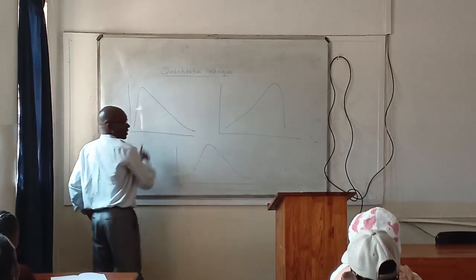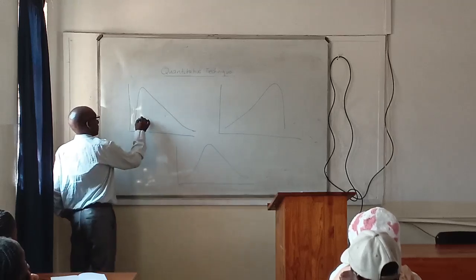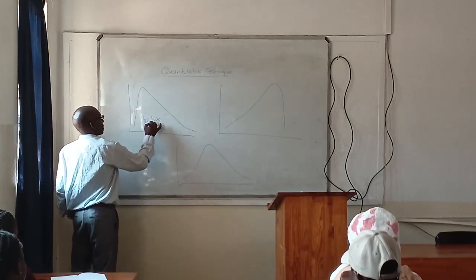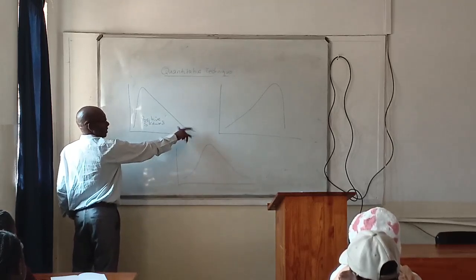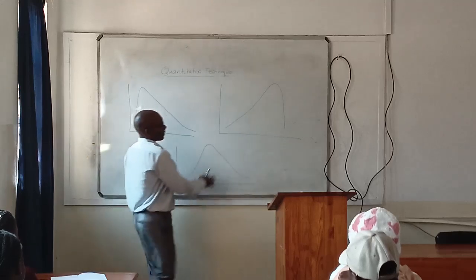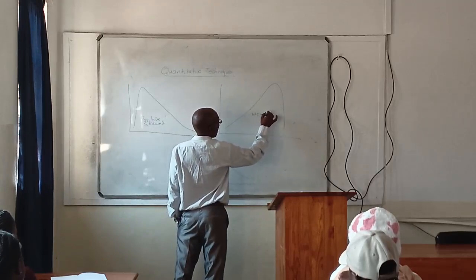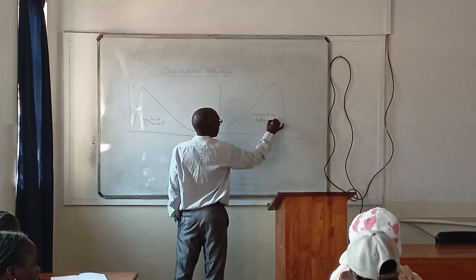What type of skew is this one? Positive skewed. Why positive skewed? The tail is pointing to the right. What type of skew is this one? Negative skewed. Why negative skewed?